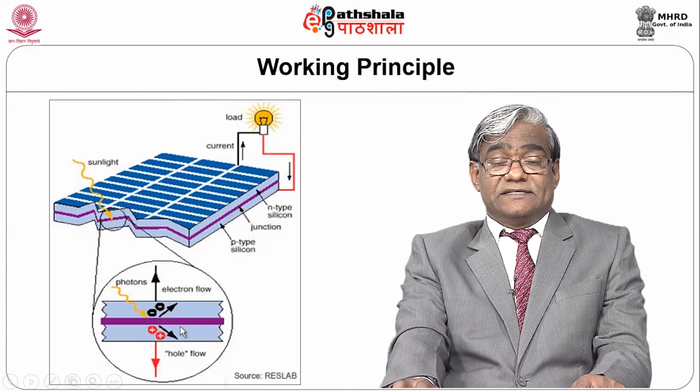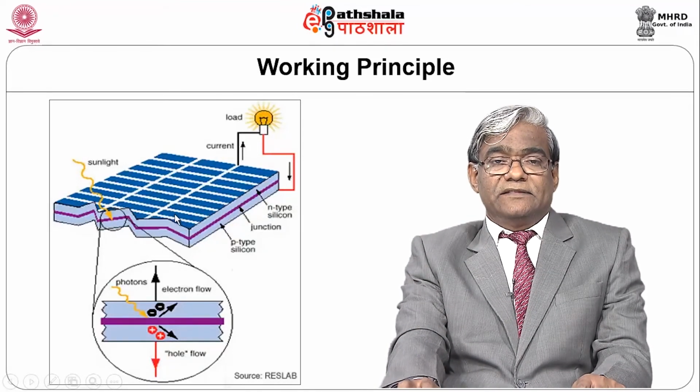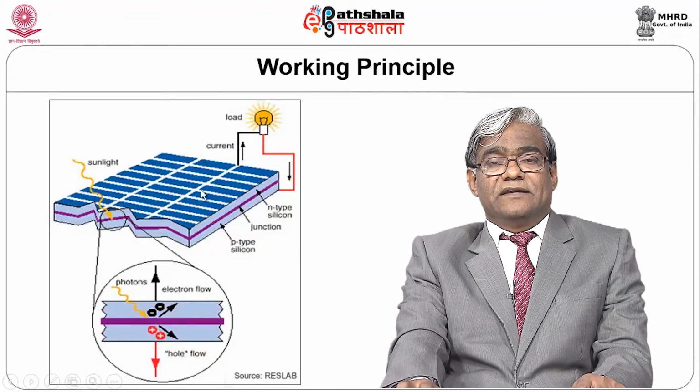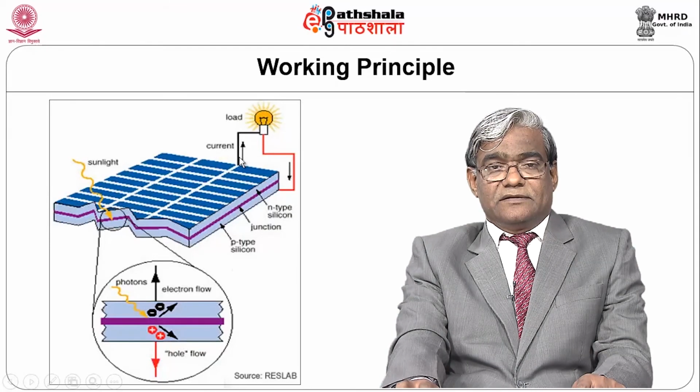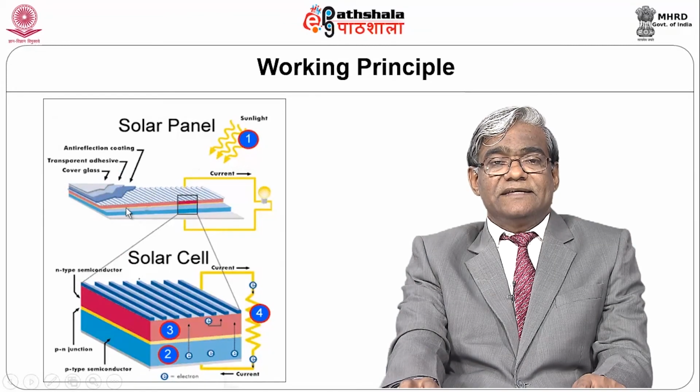It is just a semiconductor device. When the sun rays strike the solar cell, the electrons are ejected, n type and p type, and when it is connected you get the lighting load. And again it has various layers as we discussed, maybe at the top you have the glass for protection and transparent covers, and then here is the exploded view.